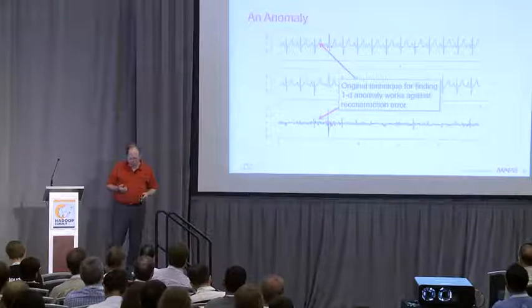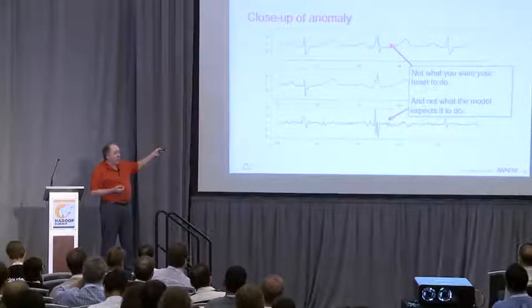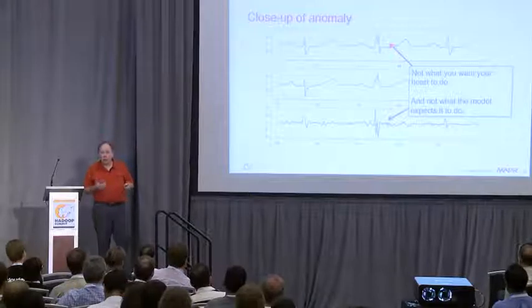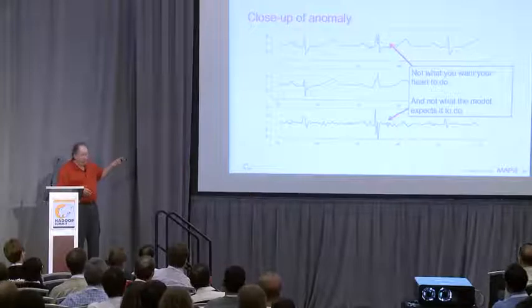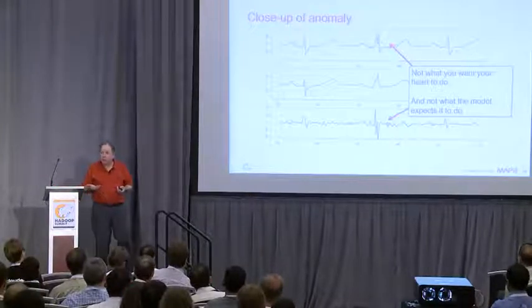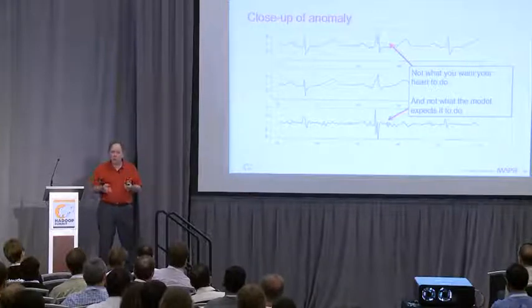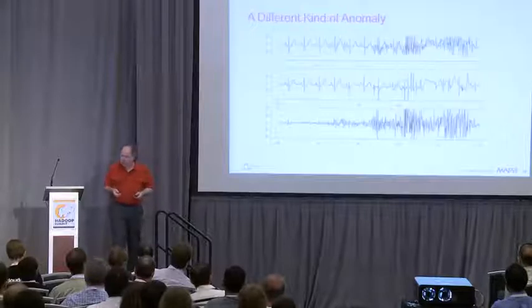And if we magnify that, we can see that that's incipient atrial fibrillation. That's also known as bad for you. Not a good thing at all. So this system, as simple as it is, has found an interesting physiological anomaly that would even be hard for a human to find. So we've taken that and we've built a statistical model.